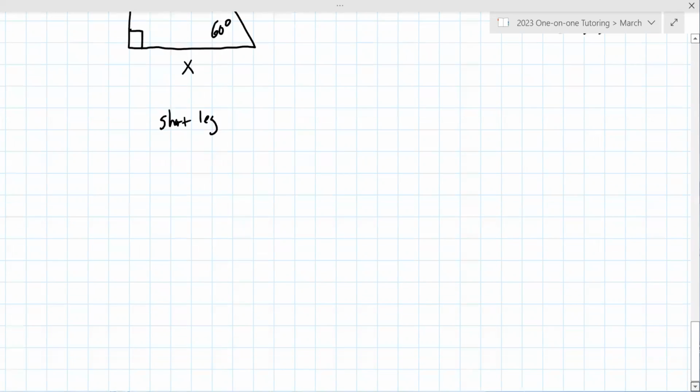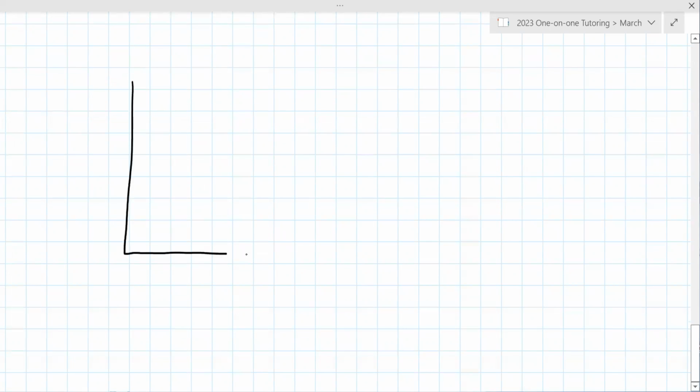Okay, so here we go. Let's say I tell you that the short leg is 9. I want the values of B and C. Would C be like 9 square root 3 and B 9 square root 2?